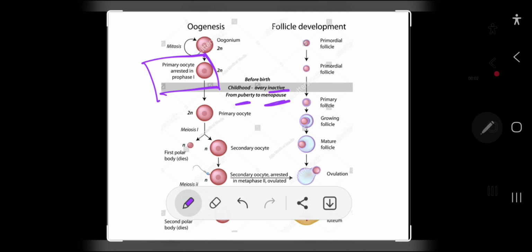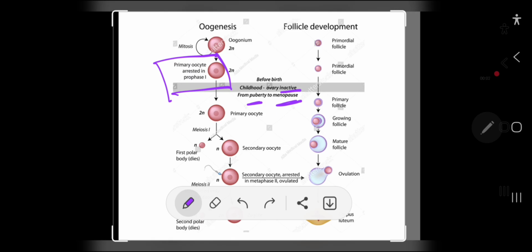In spite of that, both cells contain the same chromosomal number, haploid, containing 23 chromosomes, but asymmetrical in size. The first polar body will die by apoptosis, while the secondary oocyte will enter the second meiotic division, meiosis 2.